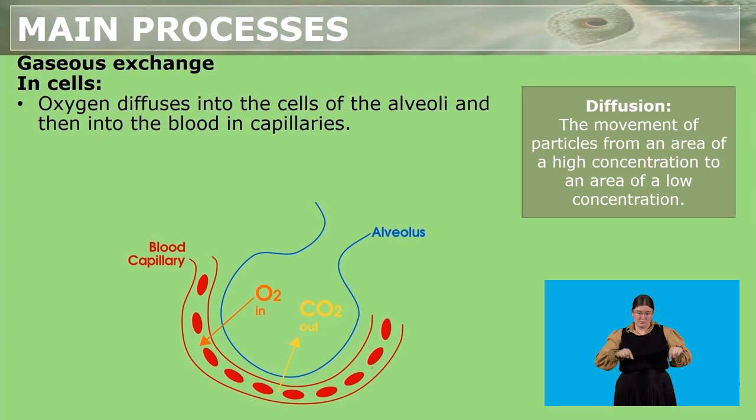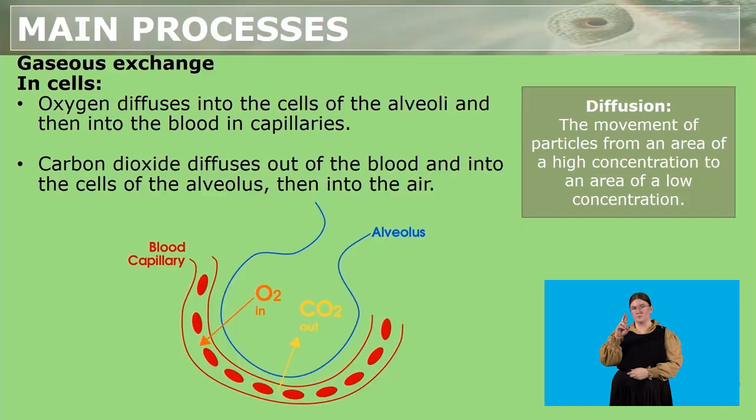It is surrounded by a blood capillary, and basically there's a diffusion of oxygen between the cells of the alveolus and also into the blood capillaries, and then carbon dioxide diffuses out or moves out of the blood capillaries into the alveolus and then out of the alveolus. And that is the carbon dioxide that we are going to exhale.